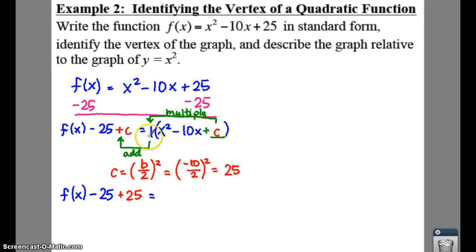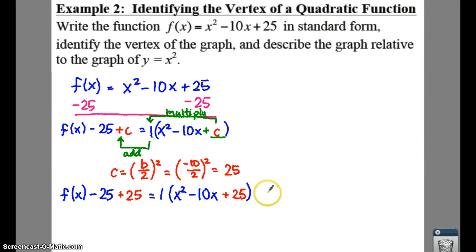If this was a 2 or a negative 2, you'd multiply 25 times 2 or negative 2, and put that number over here. So x squared minus 10x plus 25. And voila, you have done the hardest part of your problem.